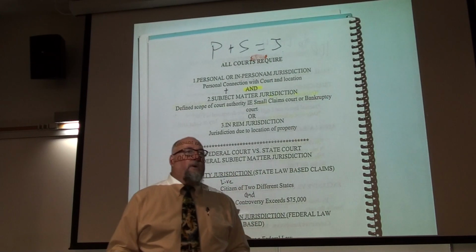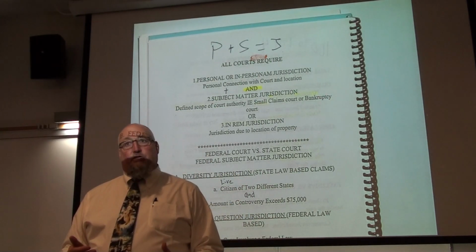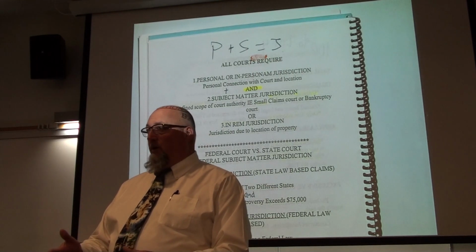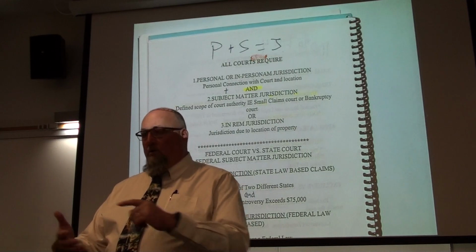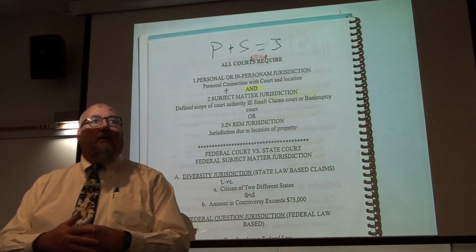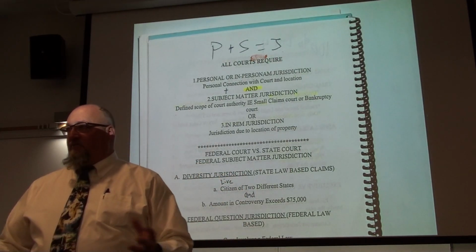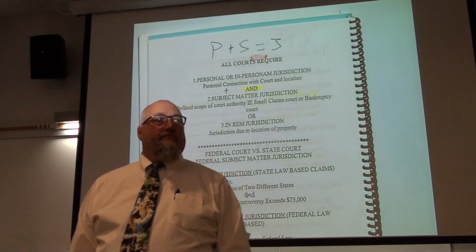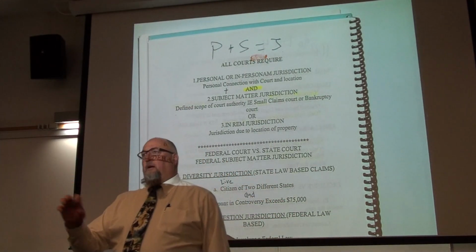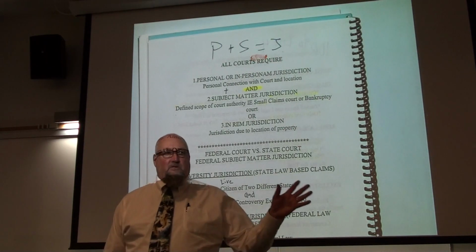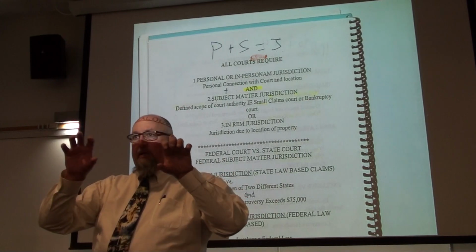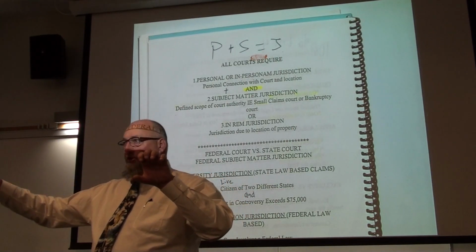Now, how do you know? Well, there will typically be a statute that provides the subject matter for that type of court. It will either be only these type of cases, or it will be more expansive, like circuit court in Oregon is very broad subject matter. And it gets real technical from there, which I won't get into in this class. It's more law school. But I just want you to know, first of all, personal plus subject matter equals jurisdiction.